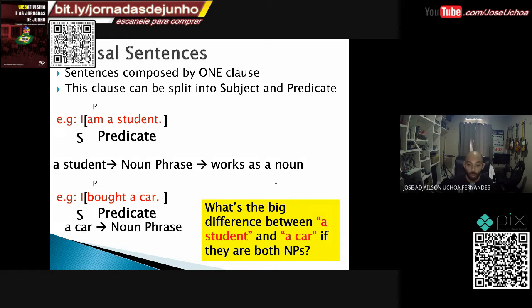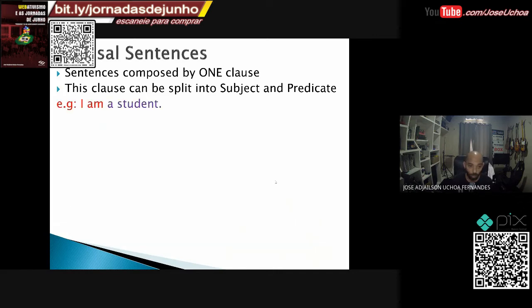Now, there is a third entity that I haven't mentioned before, which is the complement, okay? Let's take the case of I am a student. A student in purple, we cannot say it is an object, as I told you, because we don't act over it, okay?